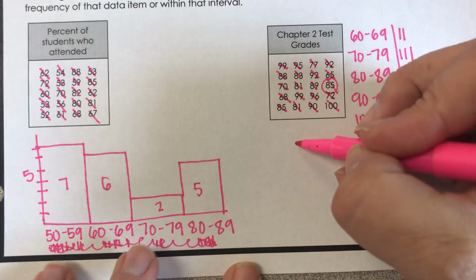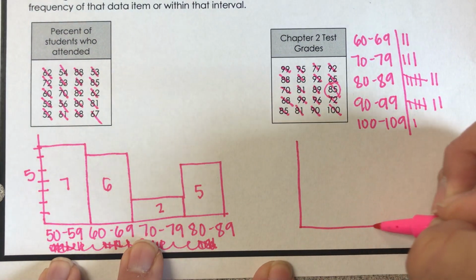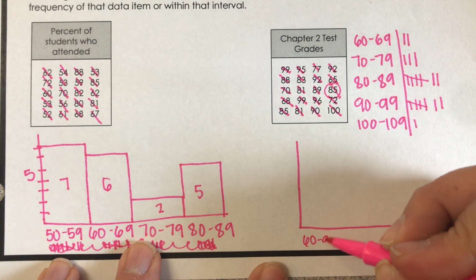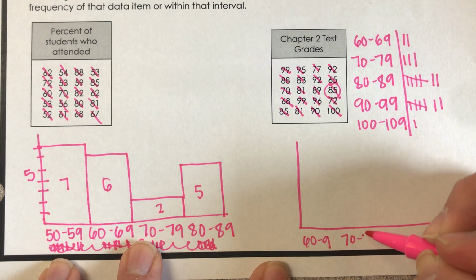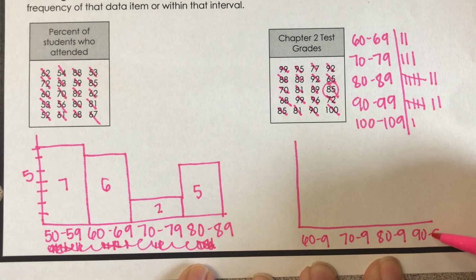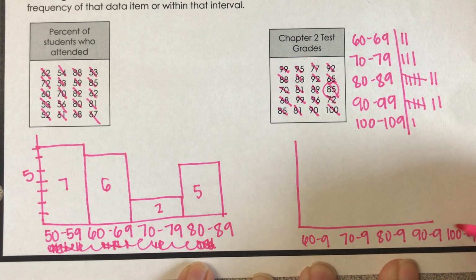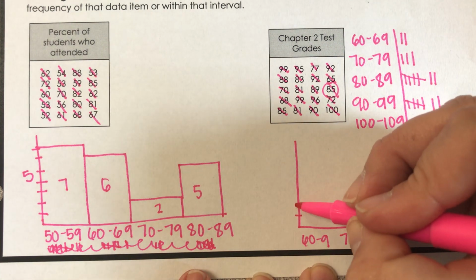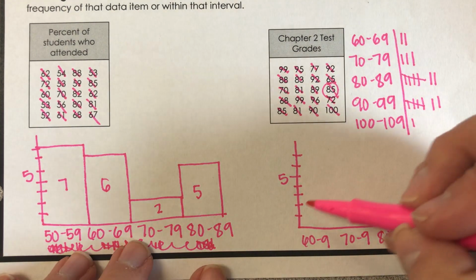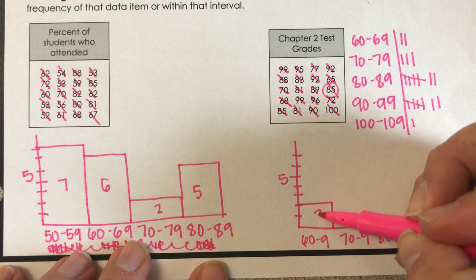So I have my data. I'm going to set up my histogram. So I have numbers that are 60 to 69, 70 to 79, 80 to 89, 90 to 99, and 100 to 109. 1, 2, 3, 4, 5, 6, 7. So I have 2 numbers that were 60 to 69.